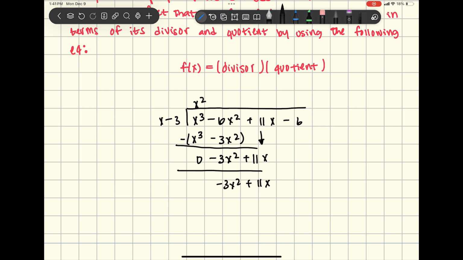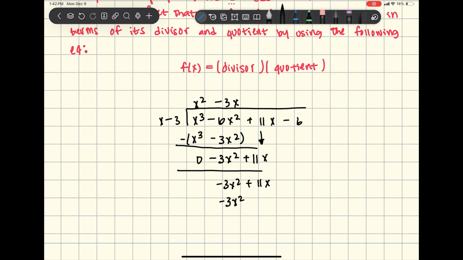And so again, the question that you have to ask yourself is, what's missing from x to get to negative 3x squared? Or in other words, what do I have to multiply x by to get to negative 3x squared? In this case, I'm missing a minus 3 and one more x. So when I multiply x times negative 3x, I get negative 3x squared.